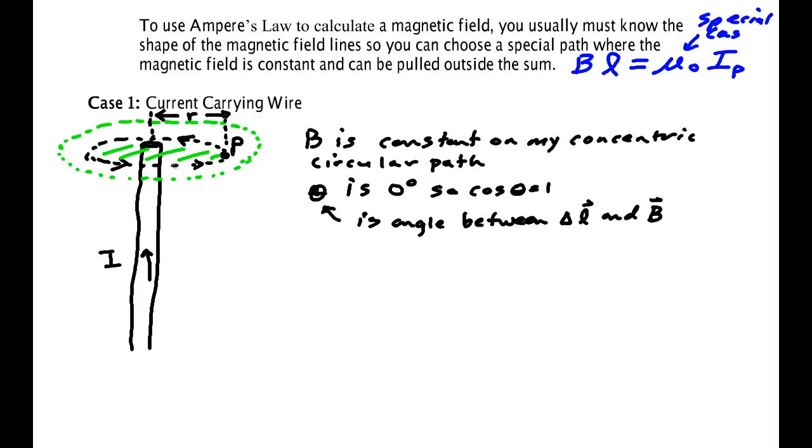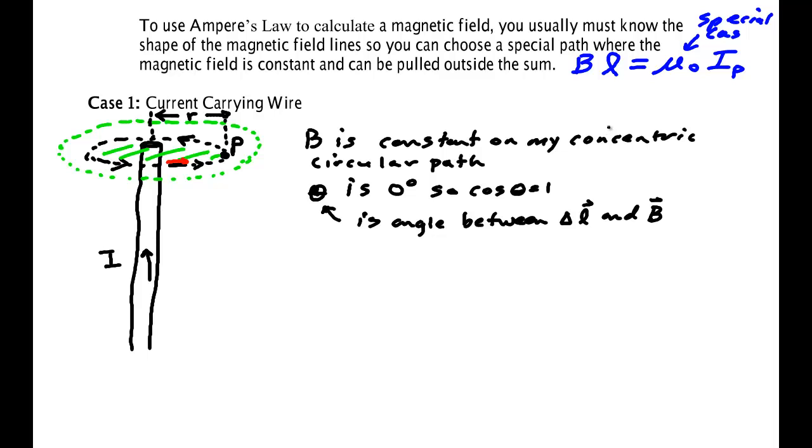So for instance, maybe this little piece right here, that's the path, but the field lines are also going in a circle, so that's the field lines. So they are lined up, the angle between them is 0, so the cosine of theta is 1.